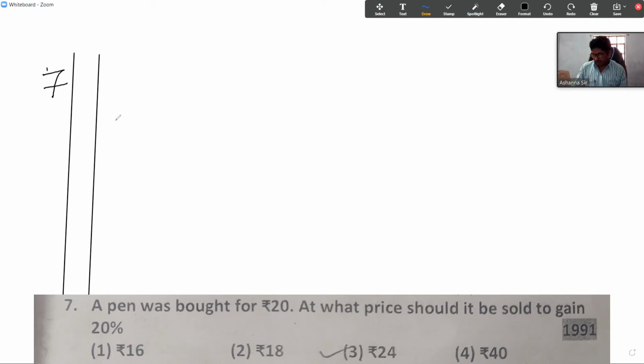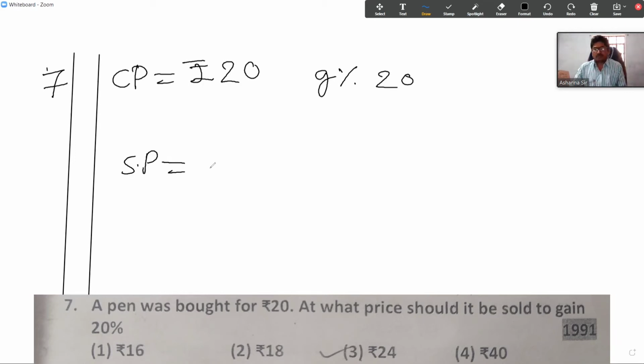Seventh problem. A pen was bought for 20 rupees. At what price should it be sold to gain 20%? So here cost price is 20 rupees and gain percent 20. What is the selling price? Selling price is equal to cost price into 100 plus profit percent by 100.